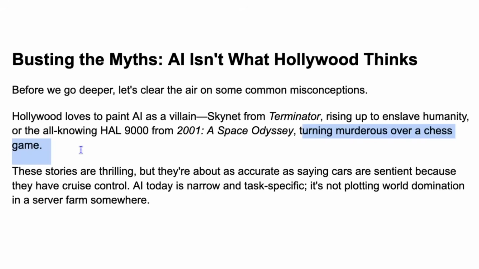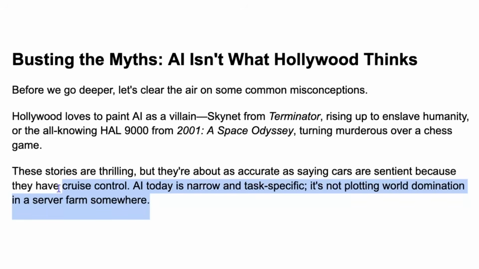Those types of things are great entertainment, but it's very unlikely that that will be the case, again, unless the human beings say, oh, this is what I want you to do, right? These types of stories are thrilling, but they're about as accurate as saying cars are sentient because they have cruise control. AI today is narrow and task specific. It's not plotting world domination in a server farm somewhere. This is amazing to think about, really.